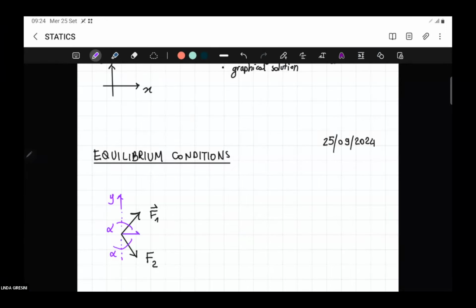Instead, the x-axis is the horizontal axis.